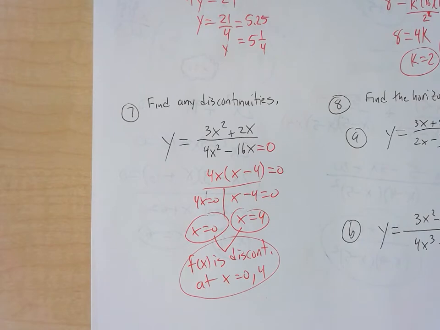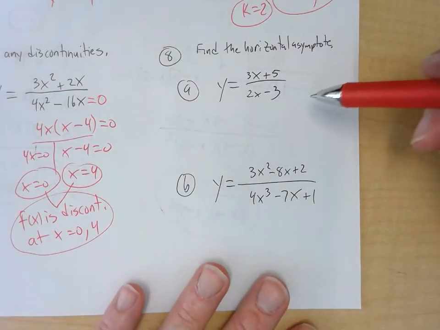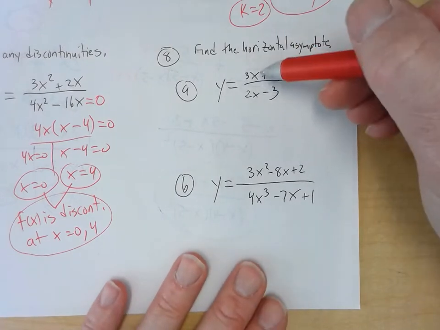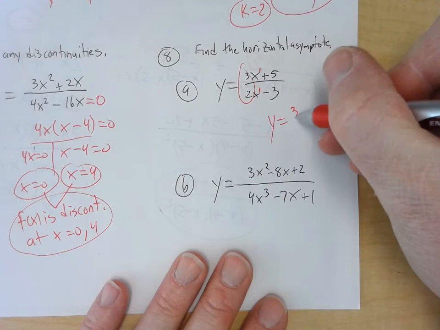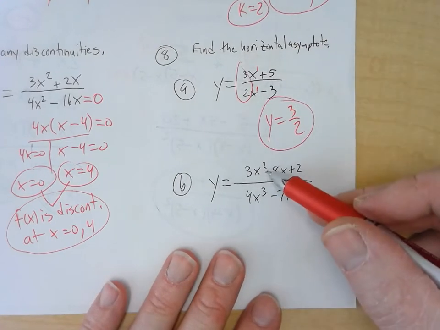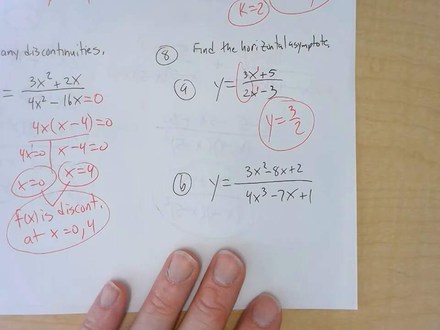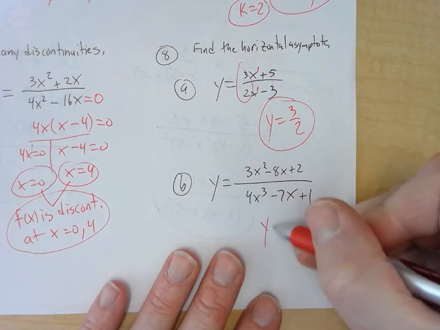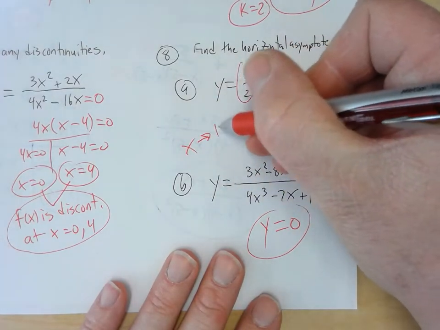All right. Then we have to go through the whole process of, is it a tie or what is it? So here the exponents are tied, so we use the coefficients. So it's y is equal to 3 over 2. Now when the exponent on the top is smaller than the exponent on the bottom, then we say that it's 0, so y equals 0. And it has to do with x going to a large number.